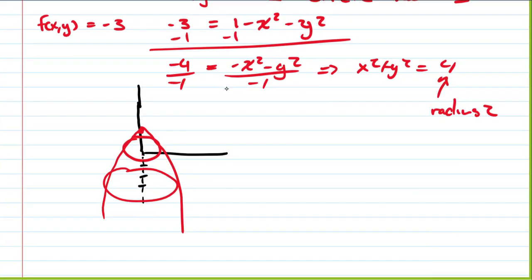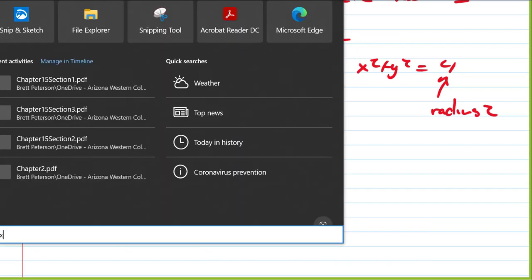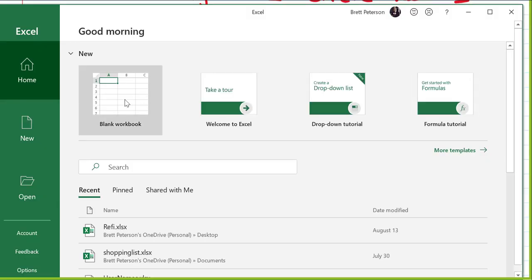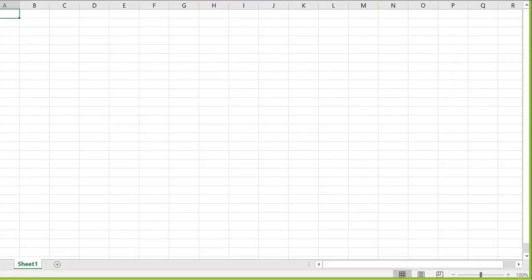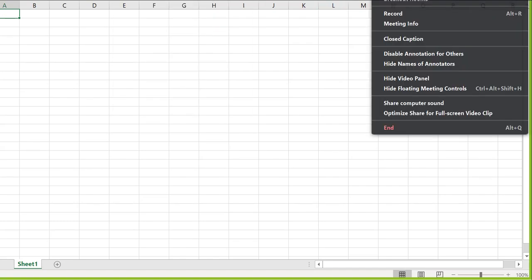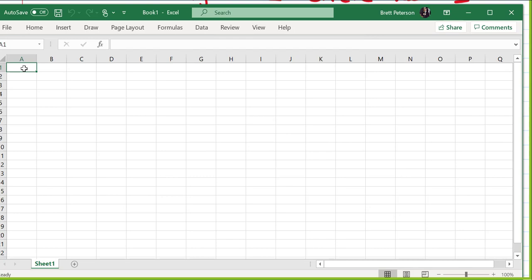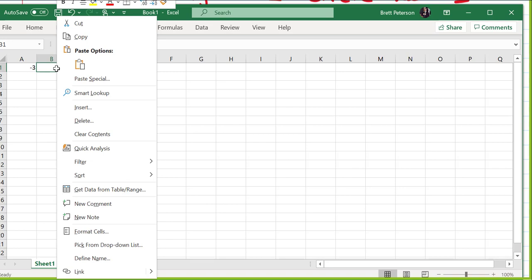So if we grab Excel, let's go ahead and just graph it starting at negative 3. And let's go in 1, so A1 plus 1, and we'll copy that over.